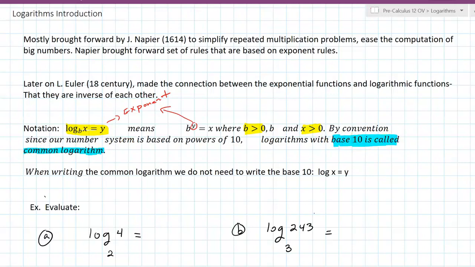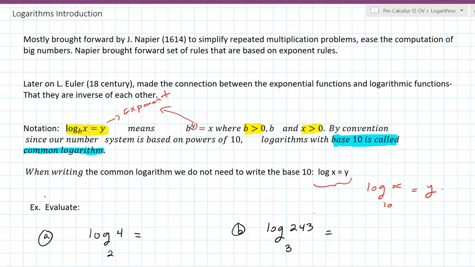Okay, common logarithms. And we usually don't write base 10. It is implied. So if I have a setup like this, log of x equal to y, that is saying that log of x base 10 equals y, but we don't write the 10. We just leave it alone. By default, it is 10. Anything else, we need to write it down.